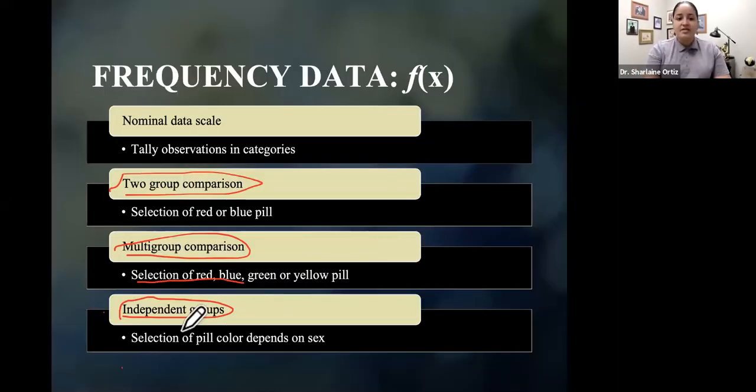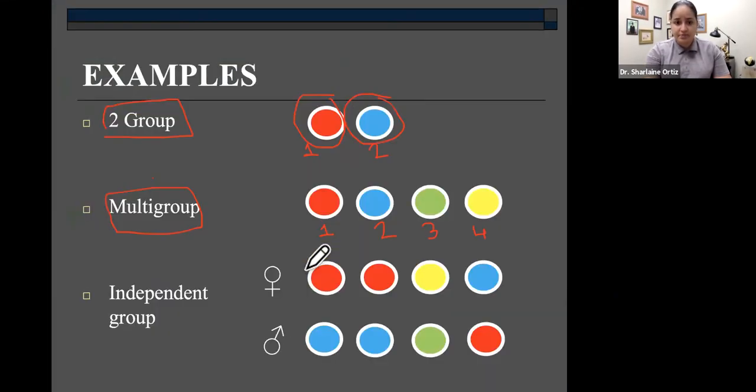If we go back to our slides, think about selecting said pill, and the selection is going to depend upon the sex of that patient, client, or research participant. In this case, looking into an independent group, we're looking to see if there are any interactions. For example, if females have an interaction in the sense that their sex allows for more of a preference for selecting the red pill, or if there's an interaction with sex for males.